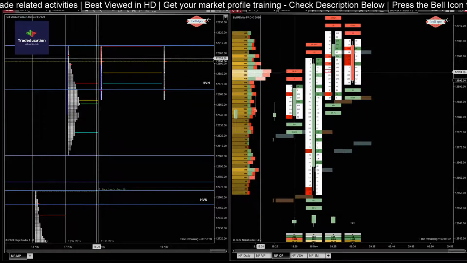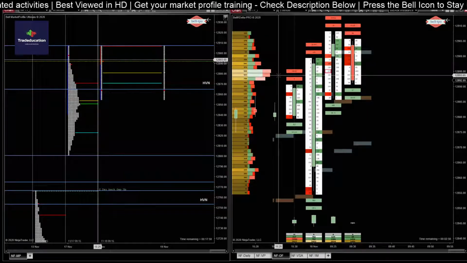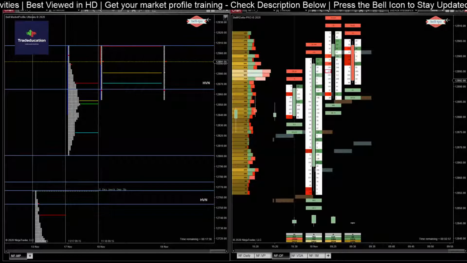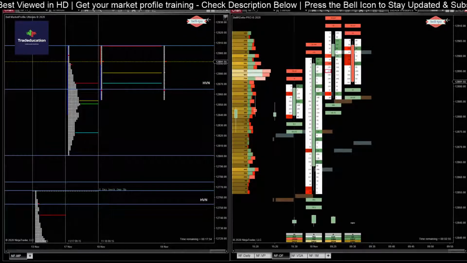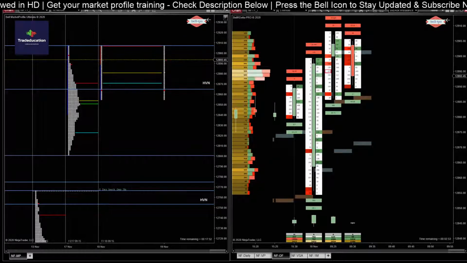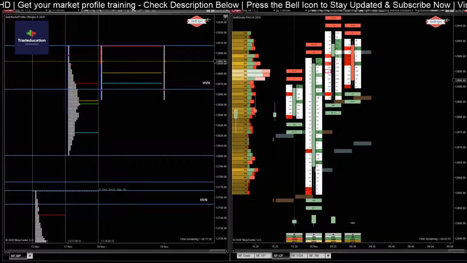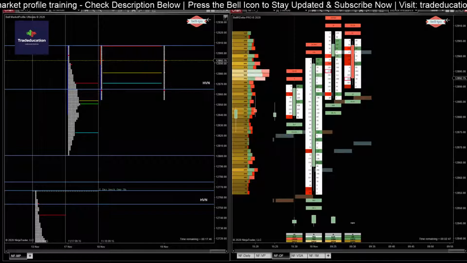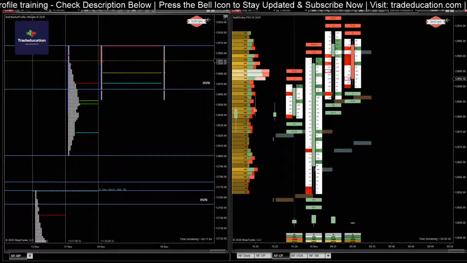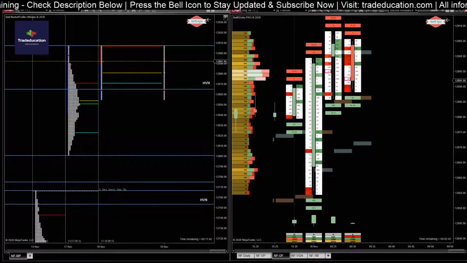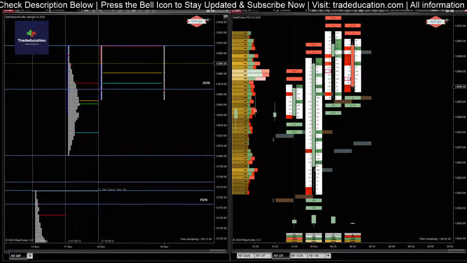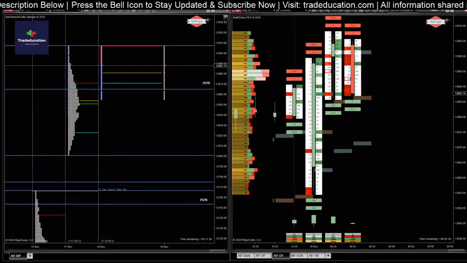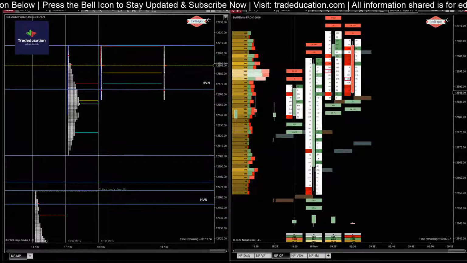If you see the volume, okay, VWAP is getting tagged.